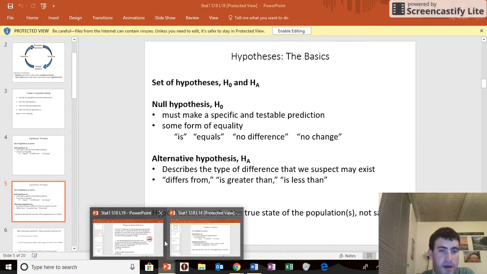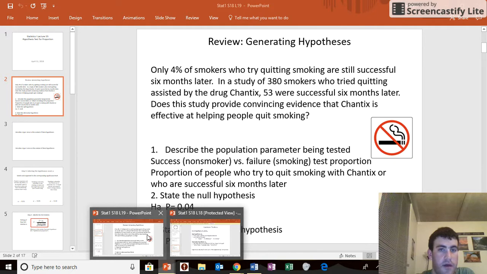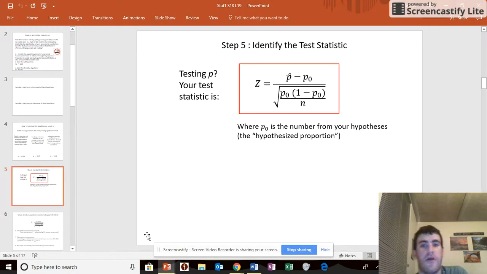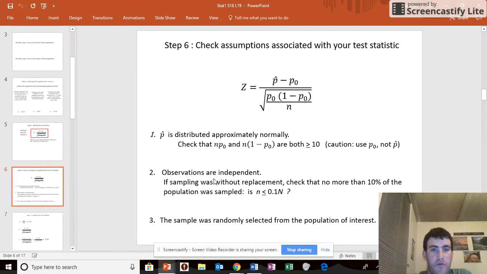Actually, before we do that, let me go back to the PowerPoint that I was given in class. You can see here the actual formula to identify the test statistic. Now we'll move on to step 6: check the assumptions with the associated test statistic.